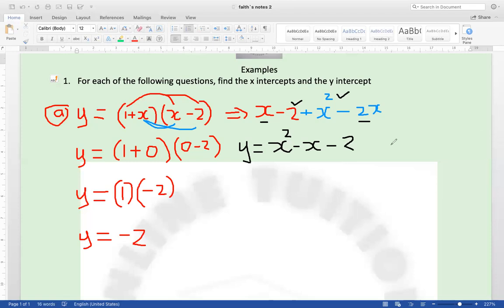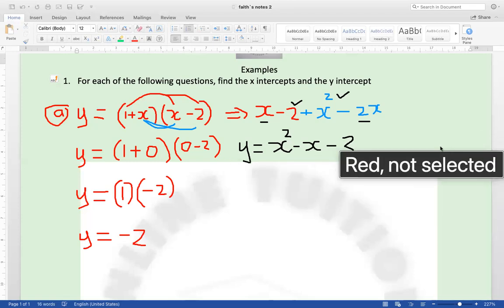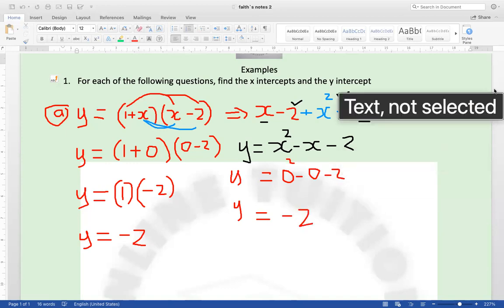So you see, even at this point, if we were to substitute, even in an expanded version, where there's x, we put a 0. 0 squared minus 0 minus 2, you'll find that the value of y is equal to negative 2. So in the form in which it is, or even if you have an expanded version, the truth of the matter is that the y-intercept still remains negative 2.